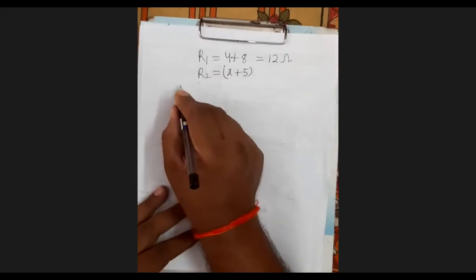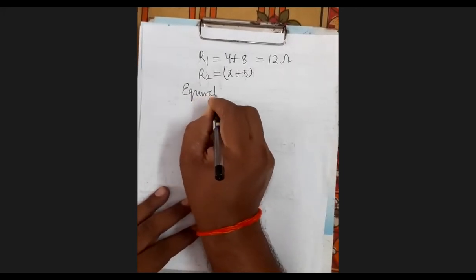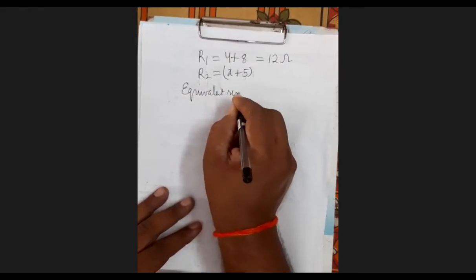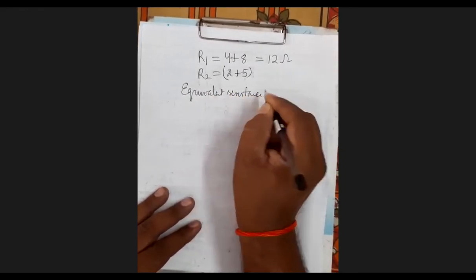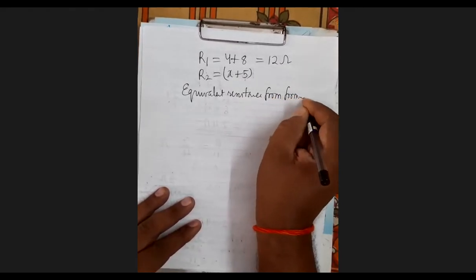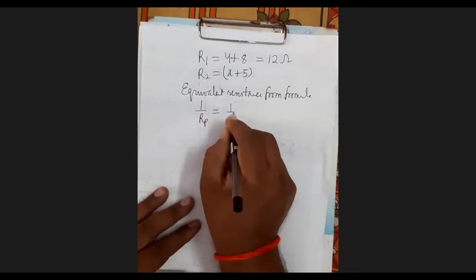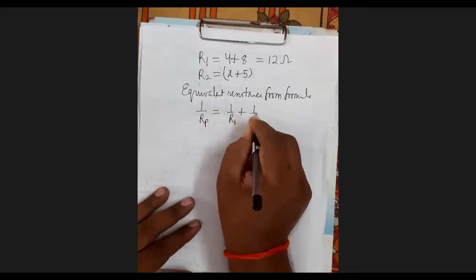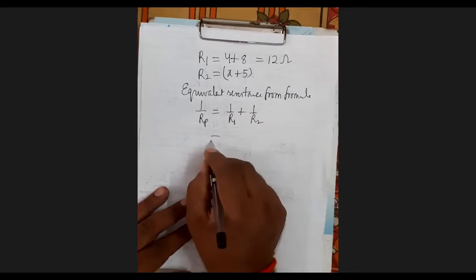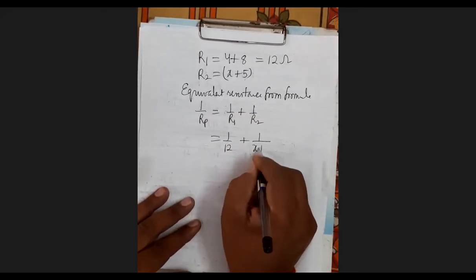Therefore, the equivalent resistance from the formula: 1 upon Rp equals 1 upon R1 plus 1 upon R2, that is 1 upon 12 plus 1 upon X plus 5.